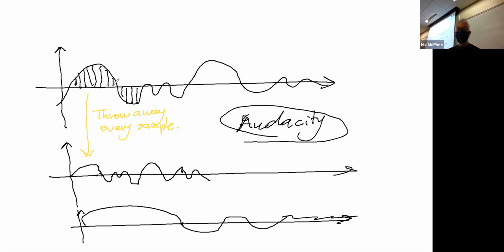If we just threw out every other sample, then we get half as many samples. So we would cut the time in half and we would double the frequency. The uppy downy bits would happen twice as fast as they did before. And that's actually a pretty straightforward thing to do, and that's the first thing we'll try to do today.